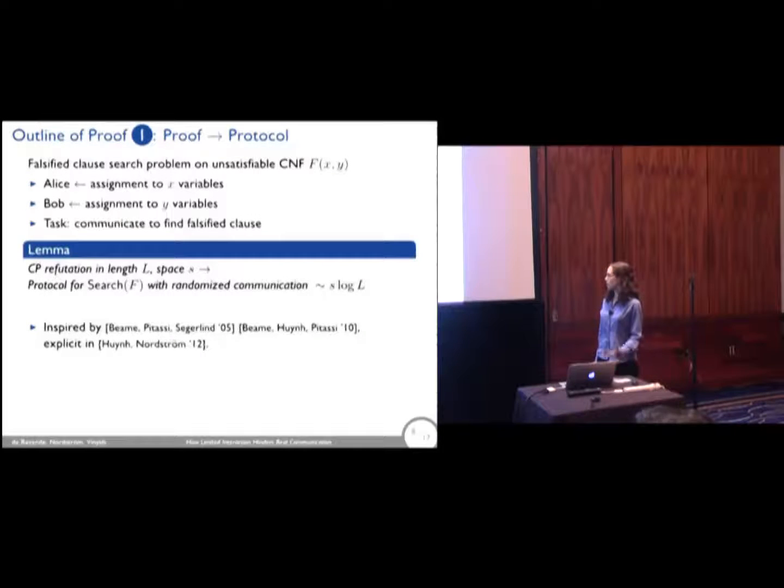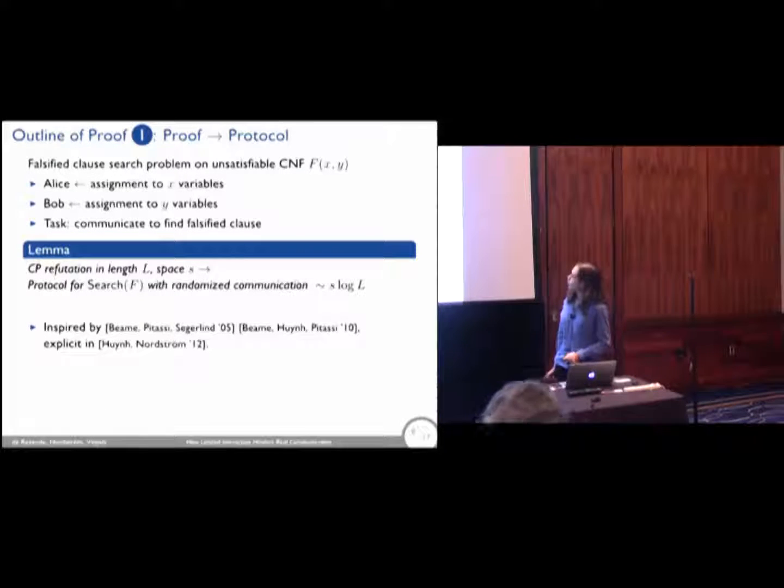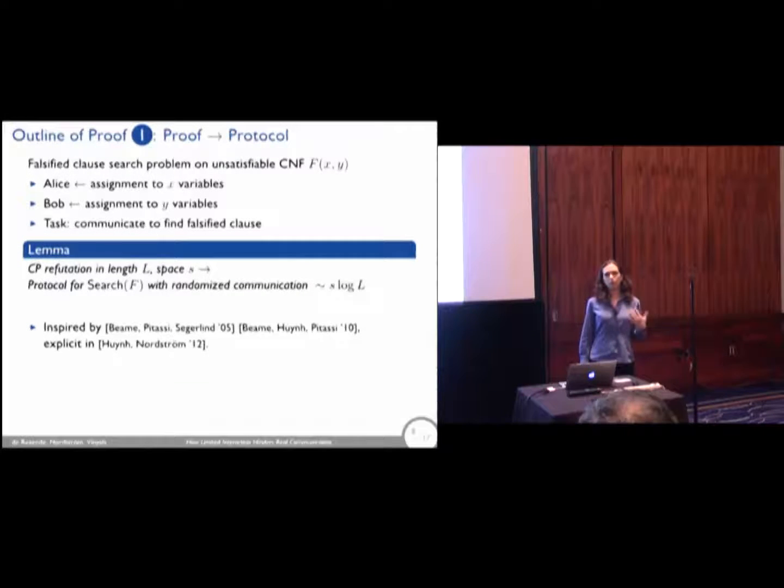And what was shown in previous papers is that if you have a cutting planes refutation, then you can get a protocol for this search problem with randomized communication, space times log of the length of the proof. So, okay, here we make 2 simple but crucial observations.